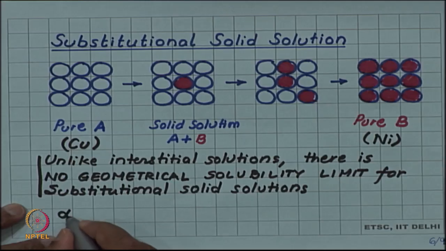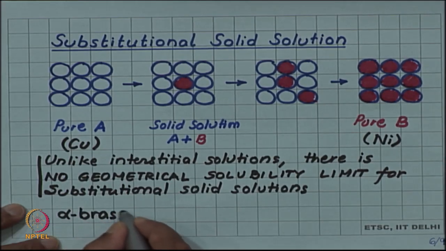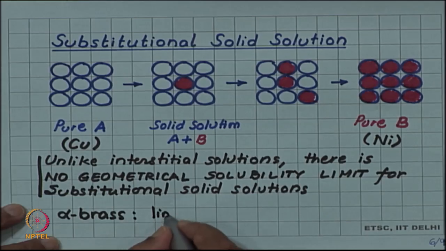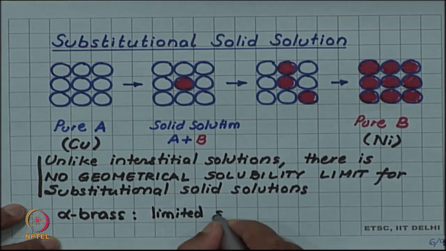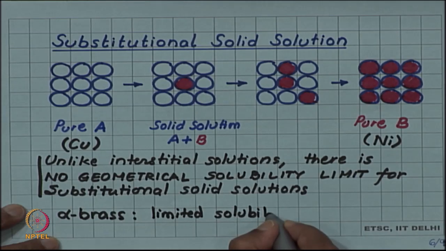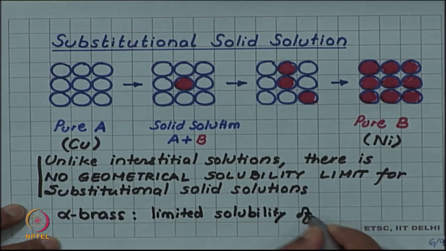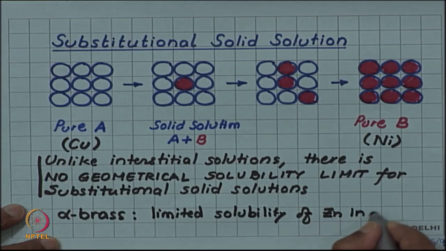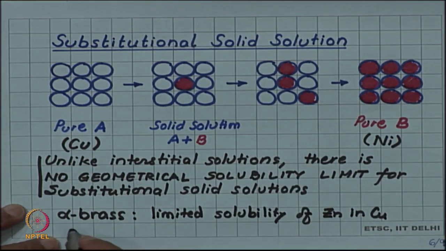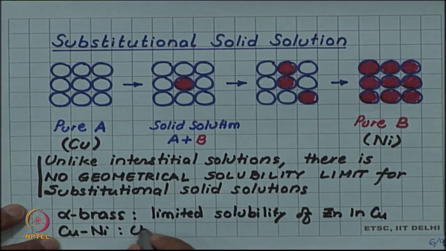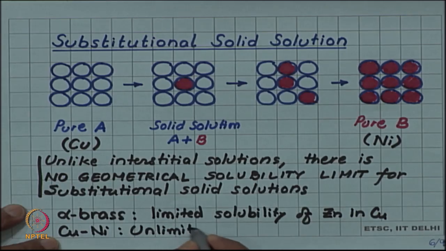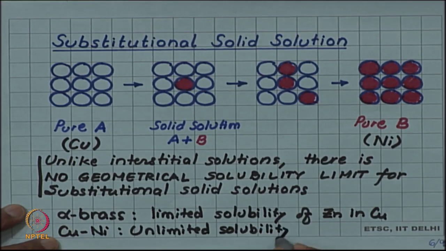We have already seen that in alpha brass there is limited solubility of zinc in copper, whereas we saw in copper nickel we have unlimited solubility of nickel and copper.